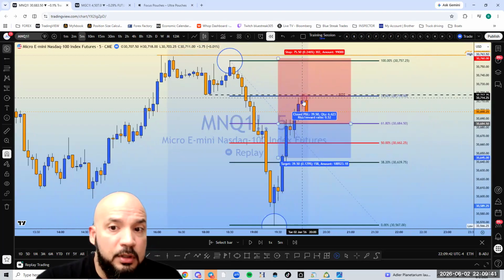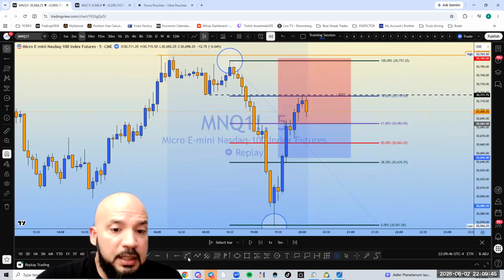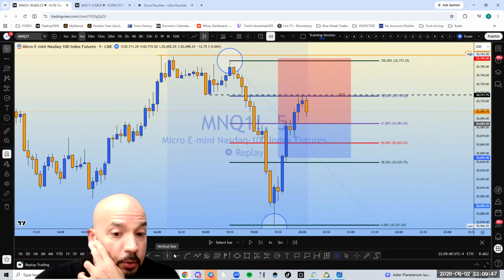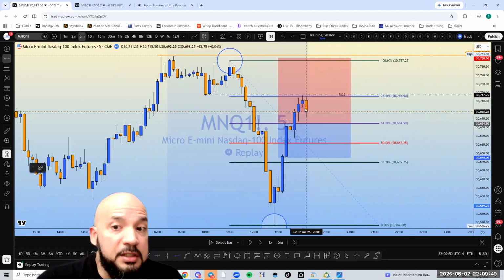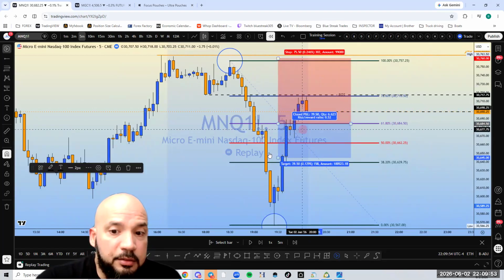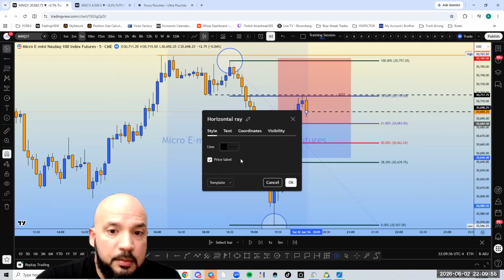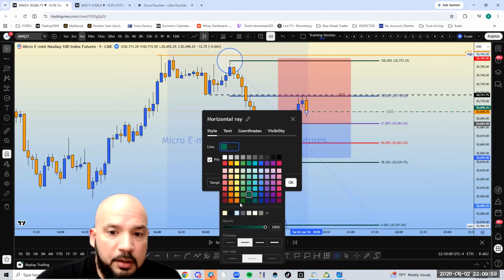So in this case, this bearish engulfing pattern would have been the entry if you're waiting for confirmations to enter. You could enter right there. I'll make that wider.